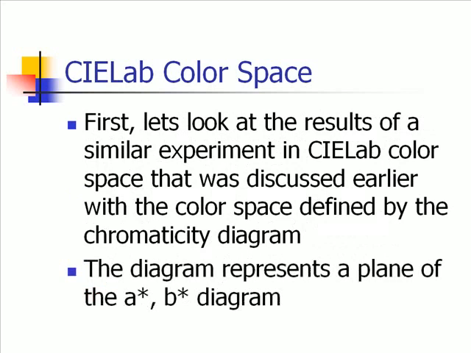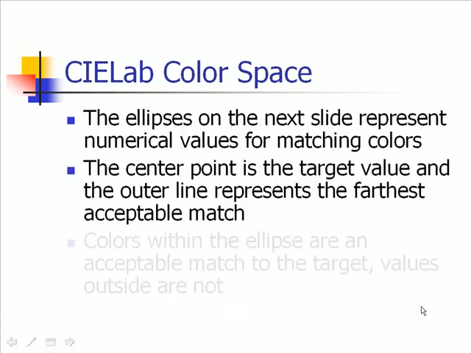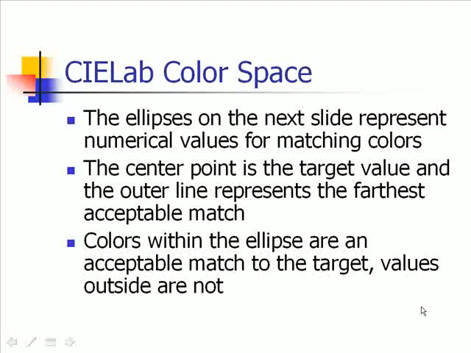First, let's look at the results of a similar experiment for CIELAB color space that was discussed earlier, the color space defined by the chromaticity diagram. The diagram represents the plane of the A-B diagram. What we're doing is taking a sample and then adjusting it a little bit until we just see a perceivable difference. So like we did before, the ellipses on the next slide represent numerical values for matching colors.